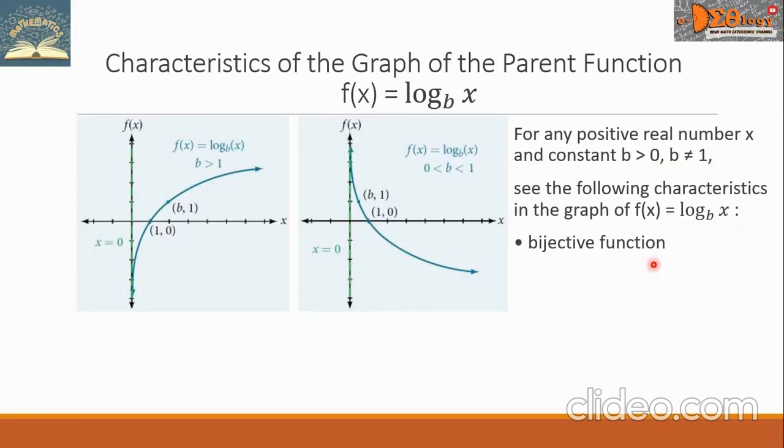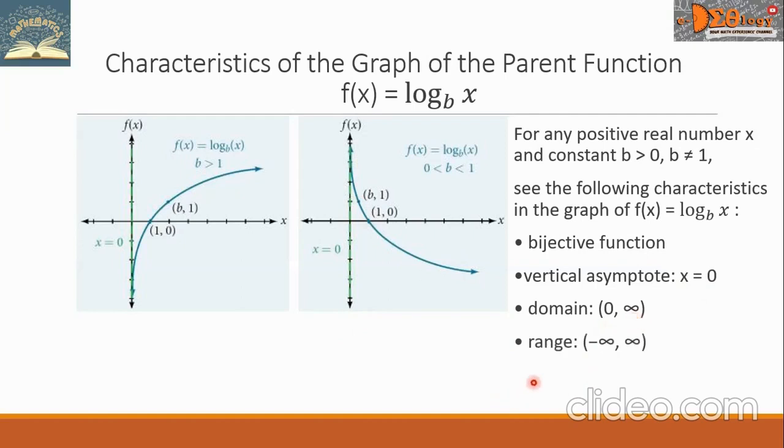It means it satisfies one-to-one function and onto function. The vertical asymptote is x equals 0, or we say that the y-axis is the vertical asymptote. The domain is from 0 to positive infinity. The range is from negative infinity to positive infinity.